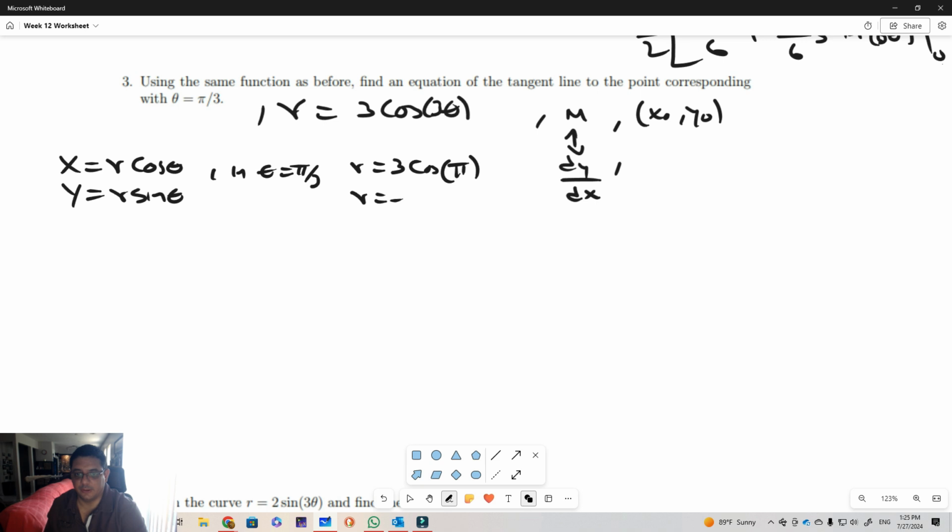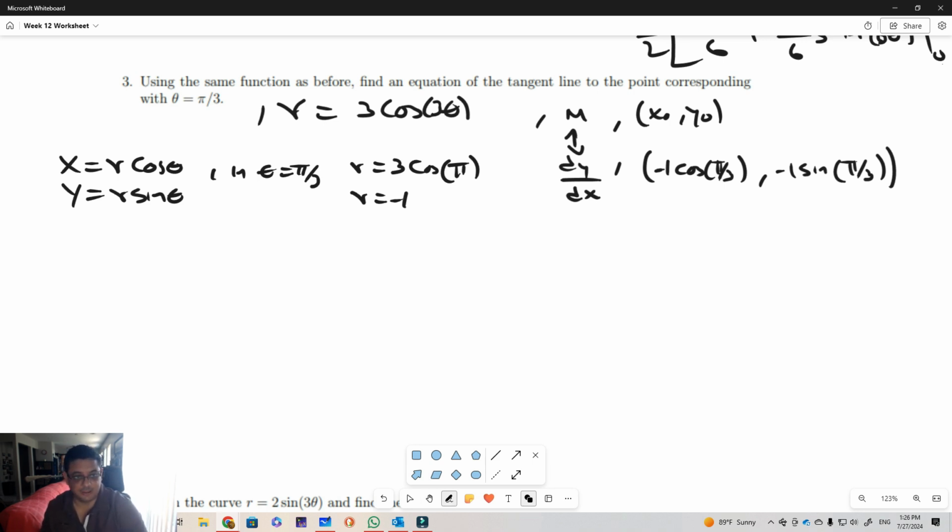So r is just going to be minus 1. And of course, then the point is going to be given by minus 1 cosine of pi over 3 and minus 1 sine of pi over 3. So once we calculate that, we have the particular point that we need.